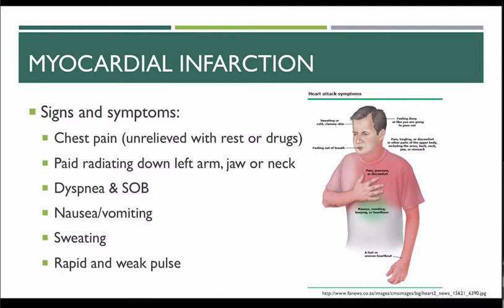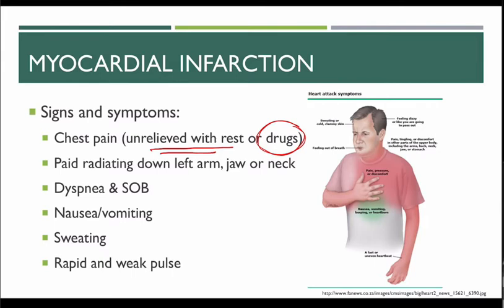So chest pain is probably the most well-known symptom of myocardial infarction. The chest pain notably is unrelieved with rest. So many patients who end up in a myocardial infarction have chest pain to a known stimulus that goes away with rest, but we call that stable angina. When it's not relieved by rest, not relieved by drugs, many patients who have stable angina are treated with what's called a sublingual nitroglycerin.